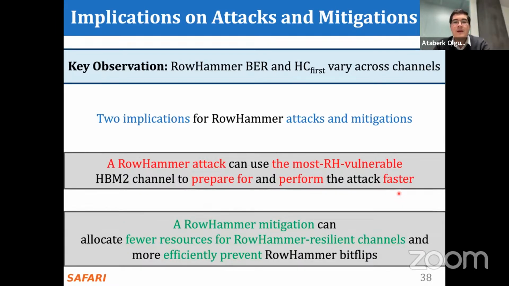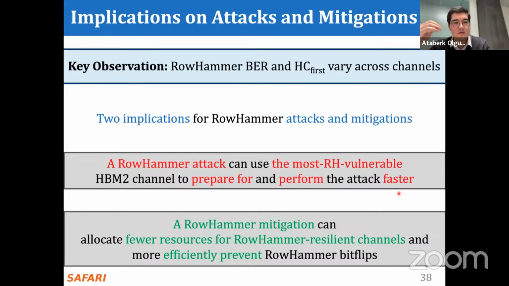And second, mitigations can allocate fewer resources to protect RowHammer resilient channels and more resources to protect RowHammer vulnerable channels. Now, resources are typically expressed in terms of, for example, you need to count how many activations each DRAM row receives. And that means you need to implement a few or many hardware counters.